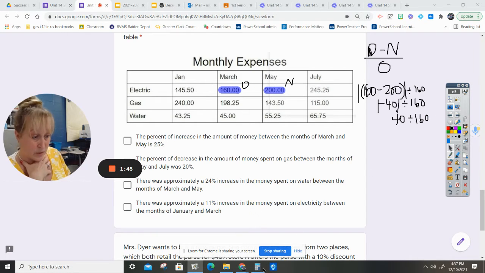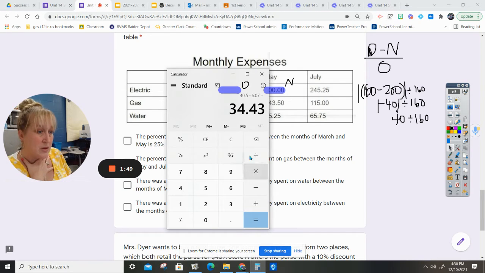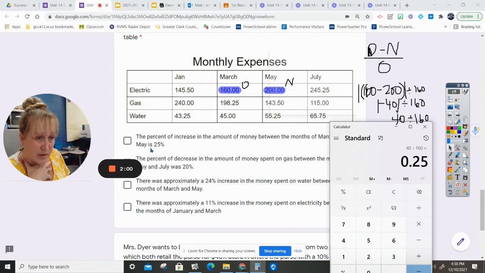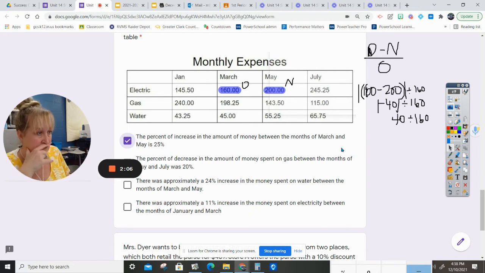Use my calculator because we know if we have them, use them. 40 divided by 160 equals 0.25. So let's see if that's a true statement. It's 0.25, 25%. And is it an increase? Yes. So bam, that one's done.